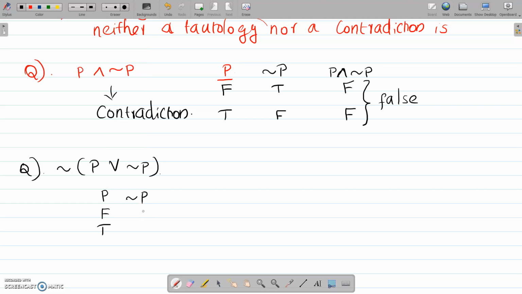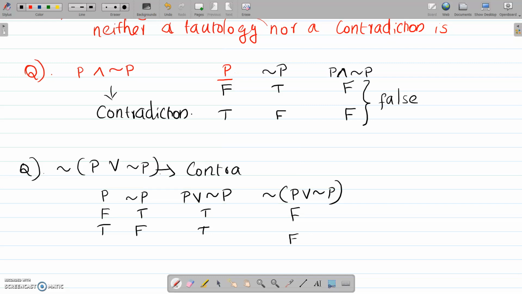Negation P will be true, false. P or negation P is true. The negation of P or negation P is false. So this is again a contradiction.